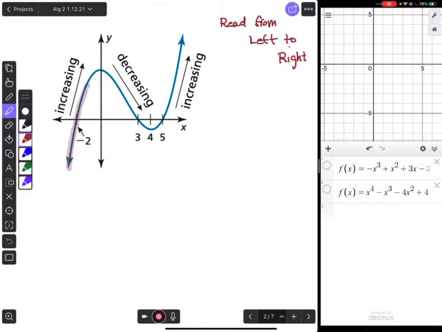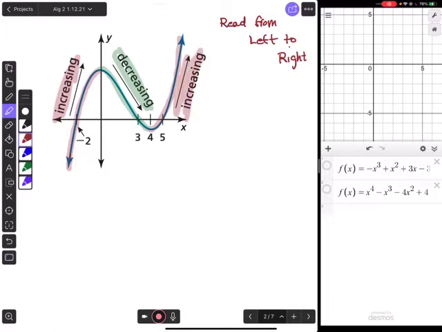You can see I'm going up here until I reach this highest point. And so that region is called an increasing region. I reach that highest point and I turn around and I start to come down as I trace it. That's called a decreasing region until I reach this lowest point called a relative minimum. And then I turn around and I start to go up, so this is called increasing again.